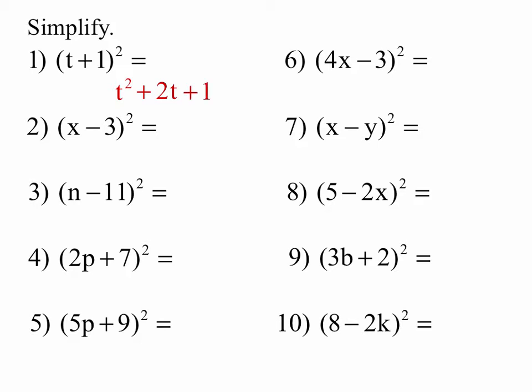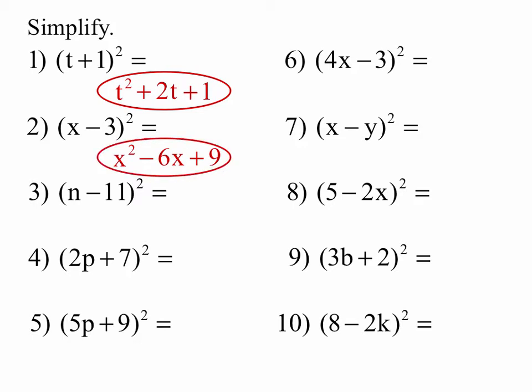Try one more with you. First term is going to be x squared. When I multiply to get my middle linear term, I do negative 3 times x times 2. Get negative 6x. And then negative 3 times negative 3 is positive 9.